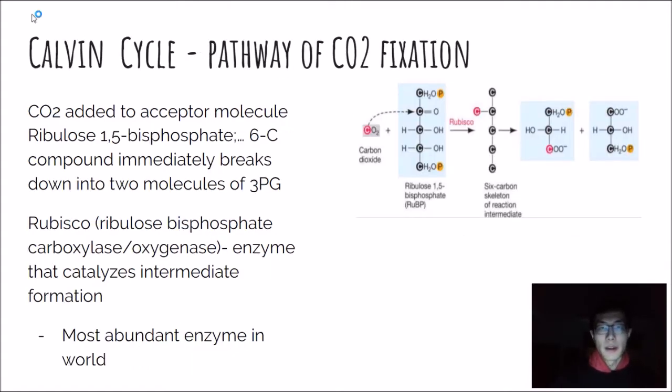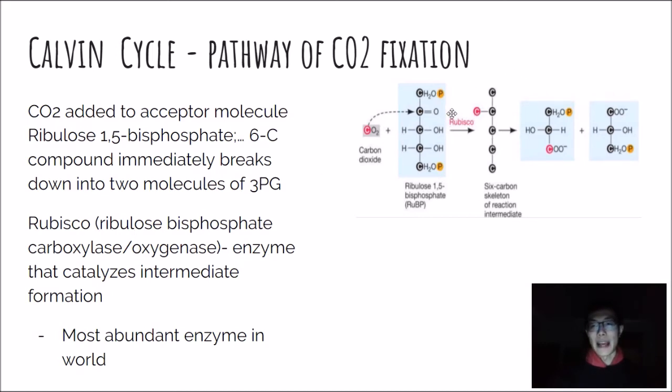Okay, the pathway of CO2 fixation. You have a carbon dioxide molecule that's added to an acceptor molecule. This is the beginning of the Calvin cycle. Through a carboxylation reaction, the carbon dioxide combines with ribulose 1,5-bisphosphate, also known as RuBP, to make this 6-carbon skeleton, through the mediation of an enzyme known as Rubisco.